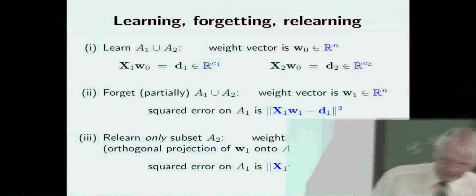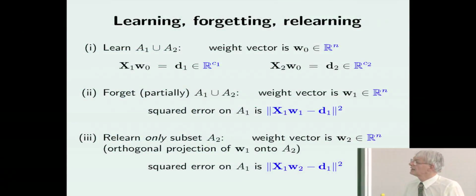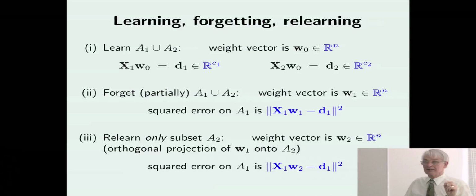So let's look at learning and then forgetting and then learning again. This is a description in an artificial neural network. The network learns two subsets of associations.